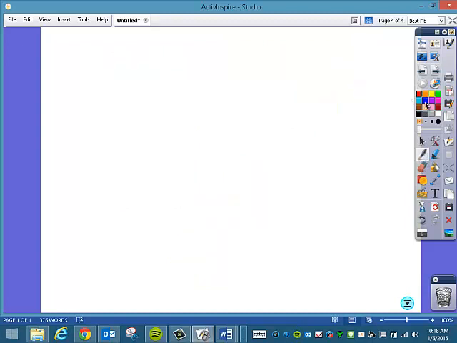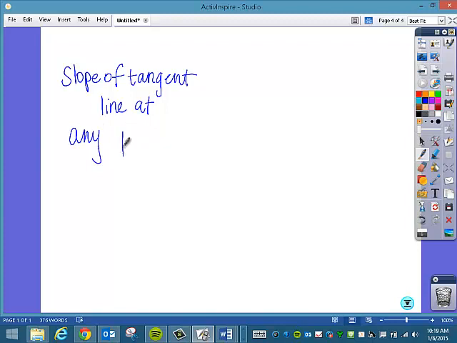So for more complicated problems, the slope of the tangent line at any point can be found using this equation. It's a limit. This is a formula you're going to have to memorize.